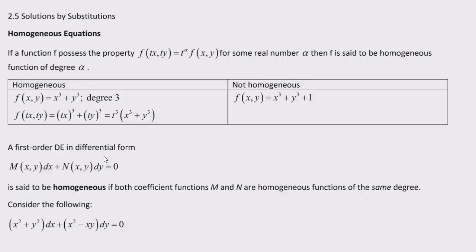Then we additionally throw in this definition that if I have an equation in differential form, we can define it to be homogeneous if m and n itself are both homogeneous of the same degree. But what I want to draw your attention to as we start looking at this first example is I'm trying to figure out a way for my substitution.